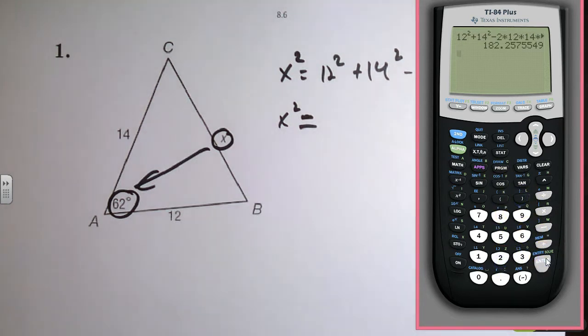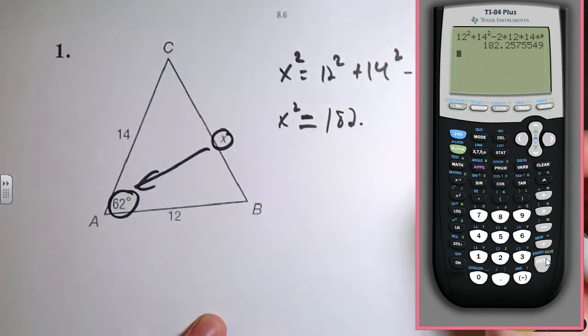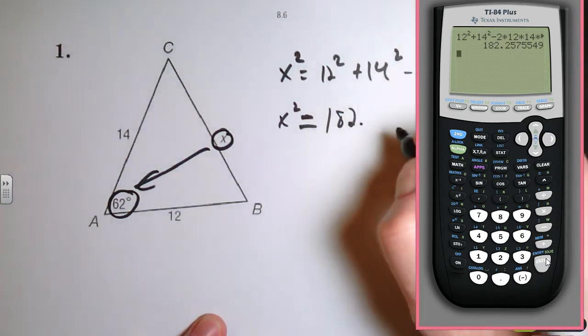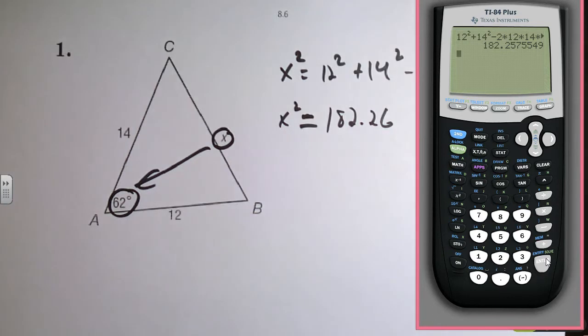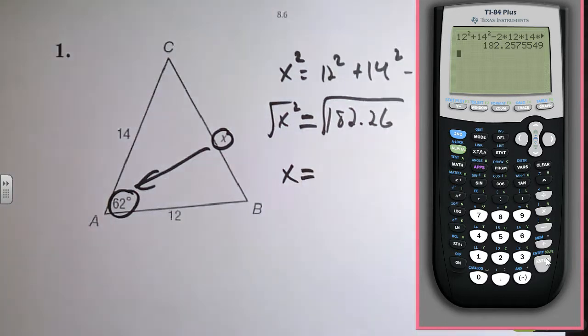And that gives me, I don't know, 182.7 or 0.226, let's just say. Nearest hundredth is fine. Okay. And then to solve for x, take the square root of both of those. So x is going to be whatever the square root of that is. So second square root. And if you have a graphing calculator, you can do second answer. I think it's the same thing on the scientific as well. Second answer will give you the previous answer, and square root of that, 13.5.